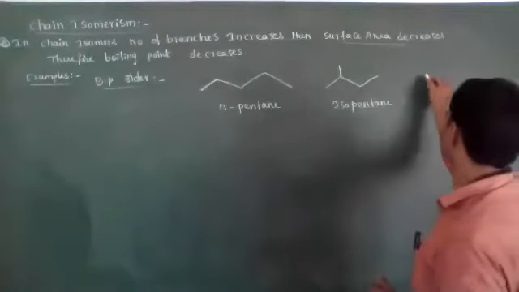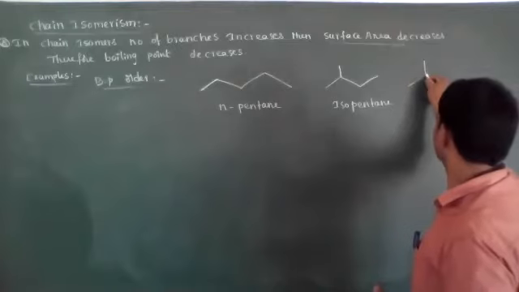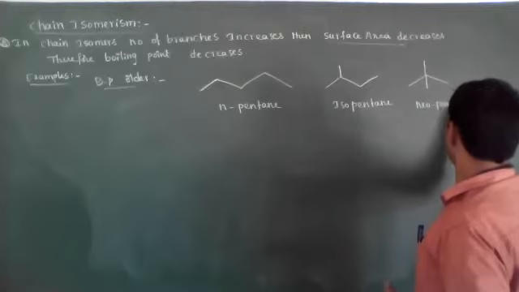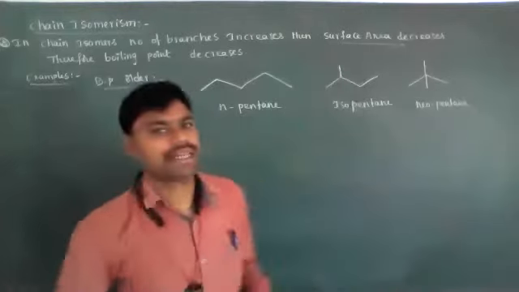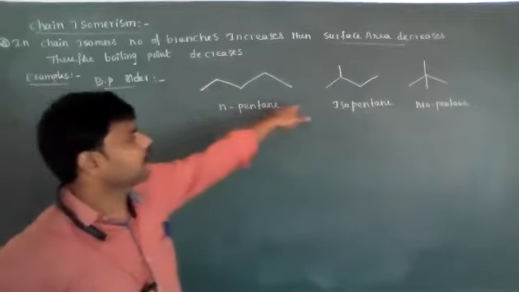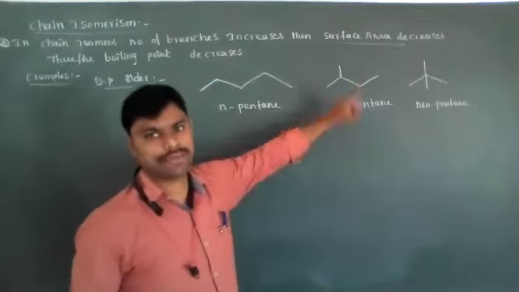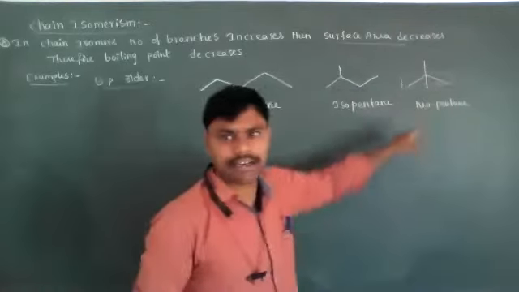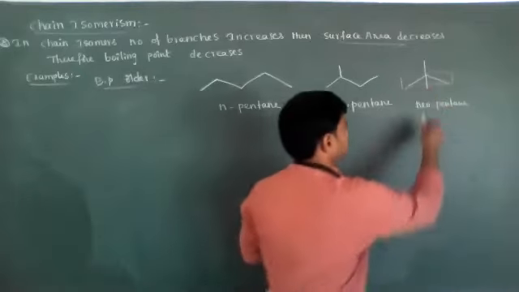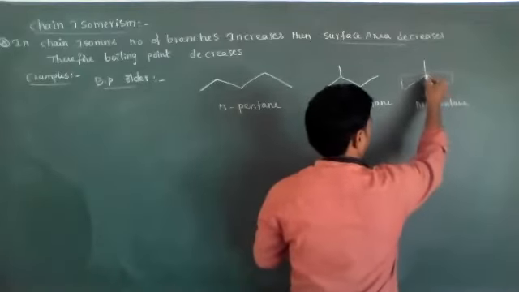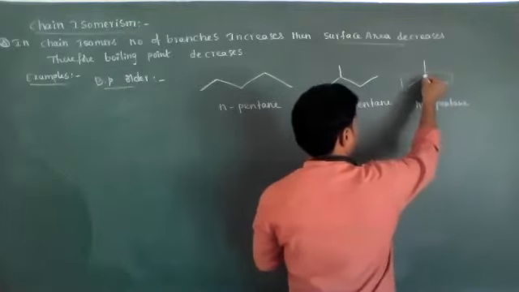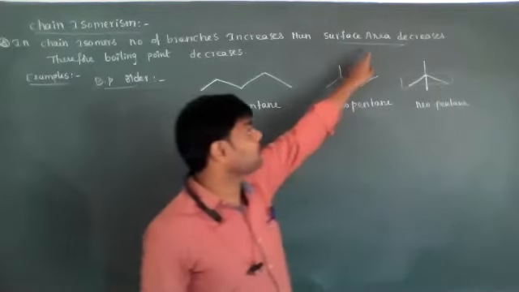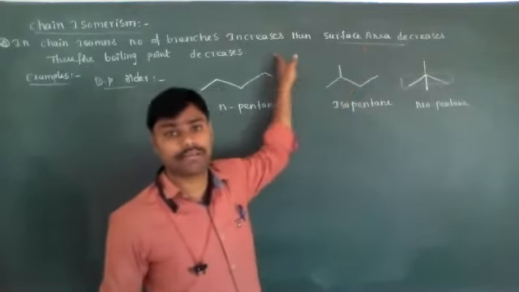The next one is neopentane. If you observe, n-pentane has no branches, but isopentane has one alkyl group substituent, and neopentane has 2 alkyl group substituents. So as the number of branches increases, the surface area decreases, then the boiling point decreases.